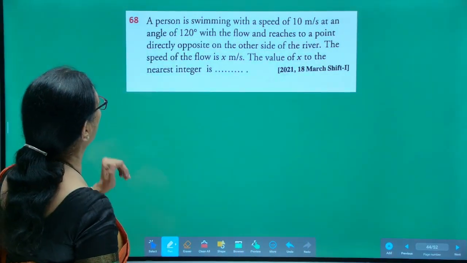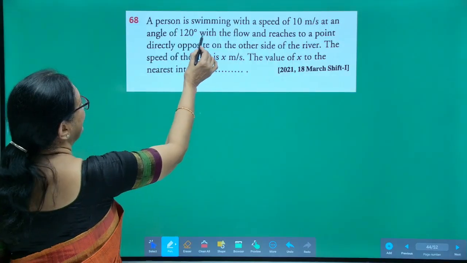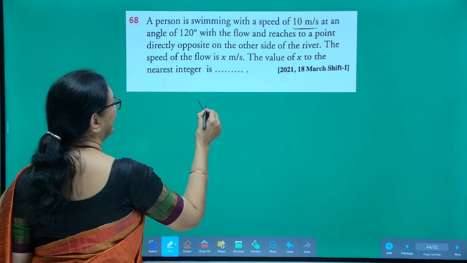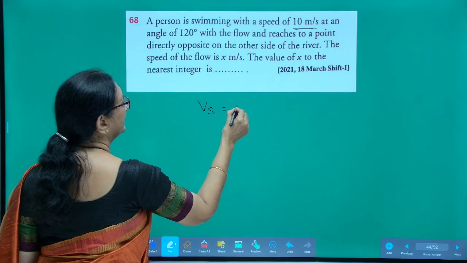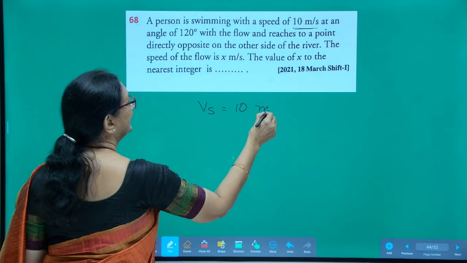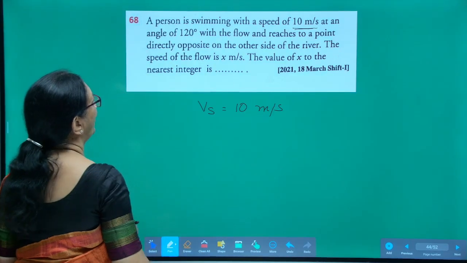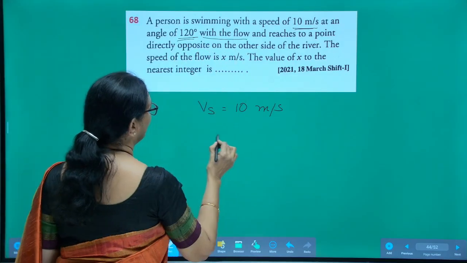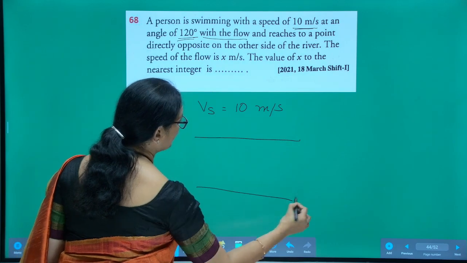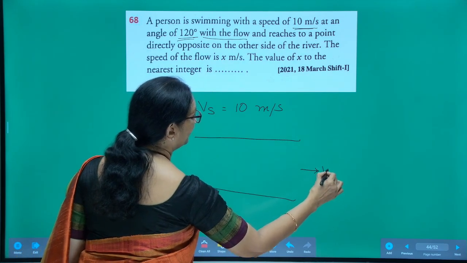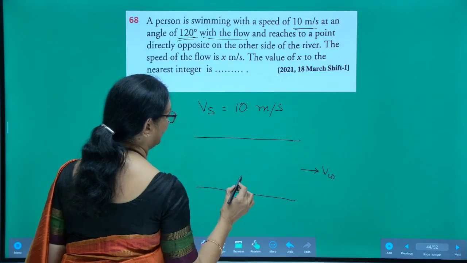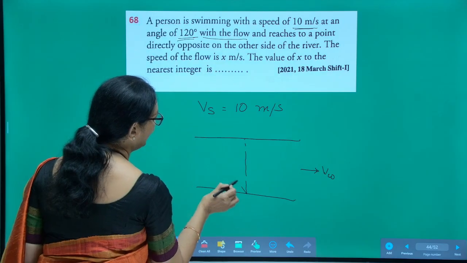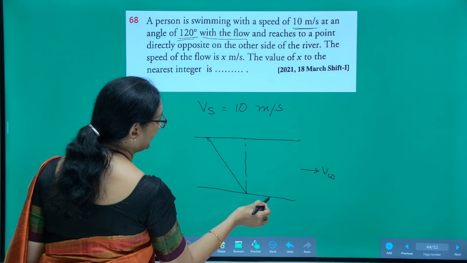Now, let us move on to the next one. A person is swimming with a speed of 10 meter per second. Velocity of the swimmer is given as 10 meter per second in the problem, at an angle 120 degrees with the flow. See here, this is the direction of flow of water in the river and he is making an angle 120 degrees with the flow.